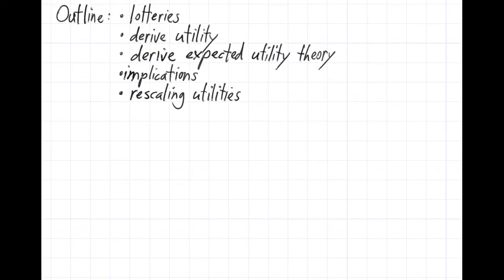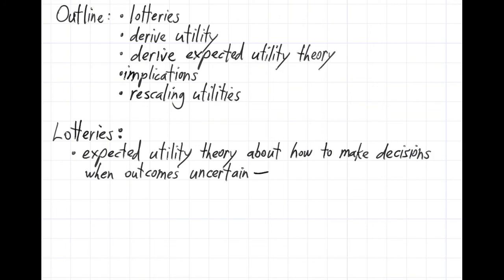We'll start with lotteries. And the reason we're doing that is because expected utility theory is all about how to make decisions when outcomes are uncertain. And lotteries are a convenient framework for introducing this uncertainty. Maybe I should discuss our motivation a little bit more.